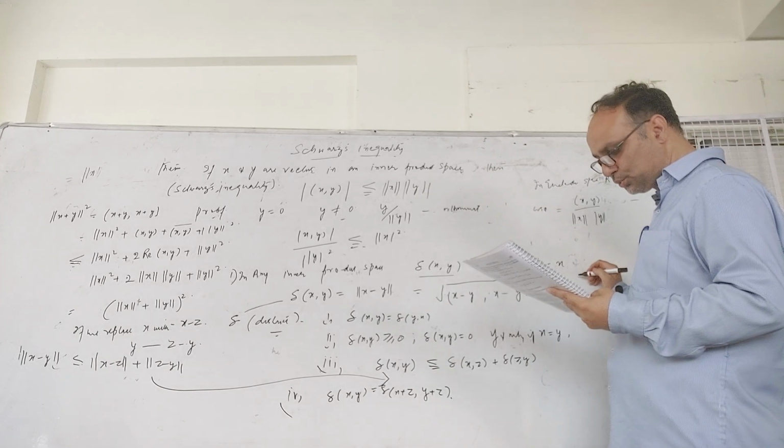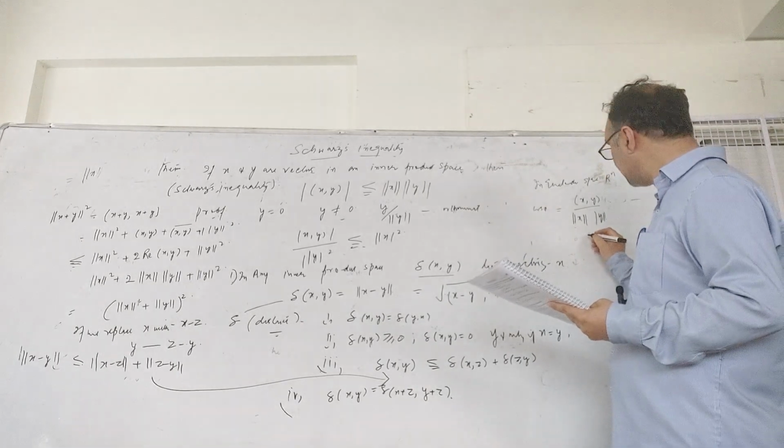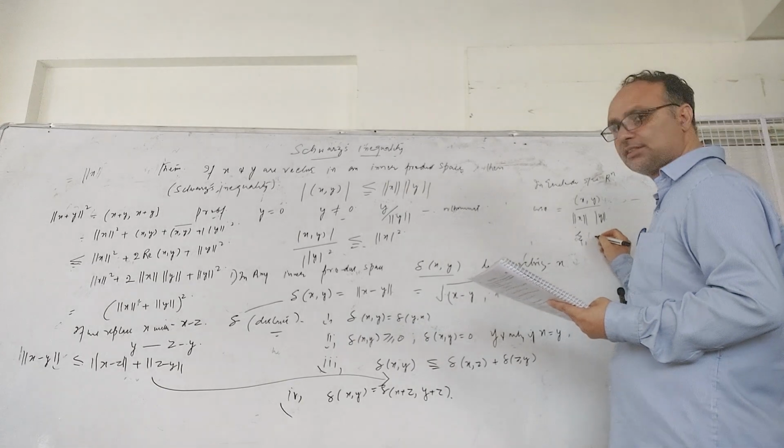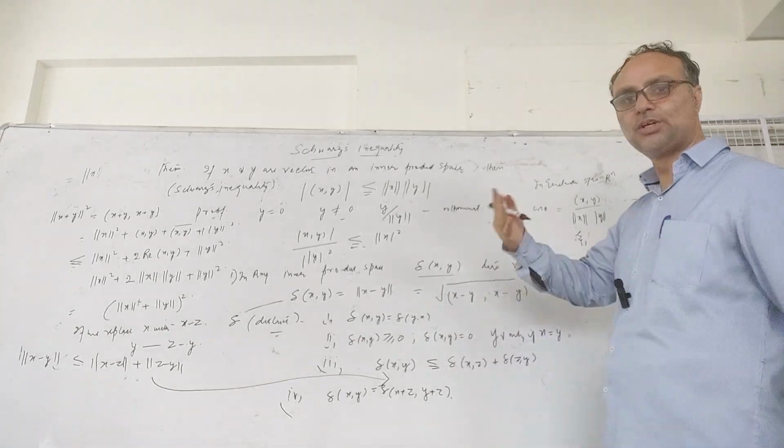So if we construct two sequences, the way we constructed two scalars previously associated with two vector spaces.